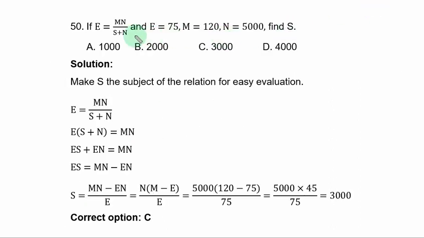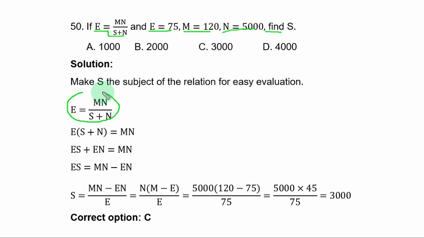Question 50. If E is equal to mn over s plus n, and E is equal to 75, m is equal to 120, n is equal to 5,000, find s. Let us make s the subject, or you can as well insert the values at the end. You still make s the subject.